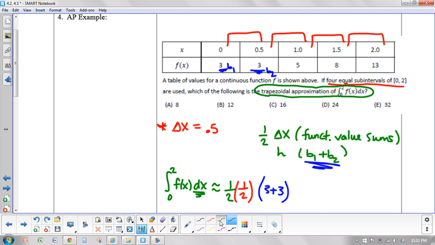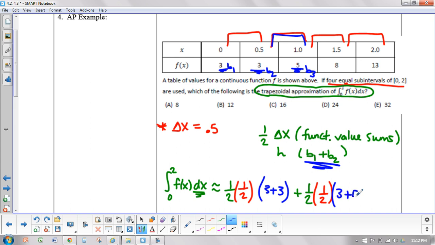And then in our next case, we wanted 4 trapezoids, so a half because it's part of the trapezoid formula. Then delta x is a half because they're all a half apart. Then I need to add up the function values. Well, in this case, between here and here, I would use base 2 and then base 3. It would get repeated.